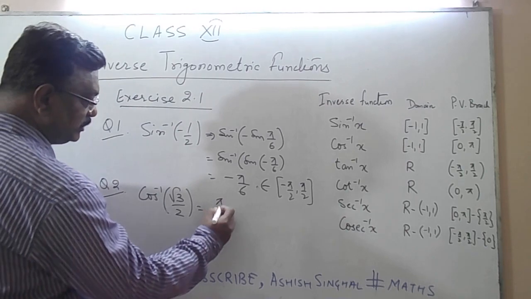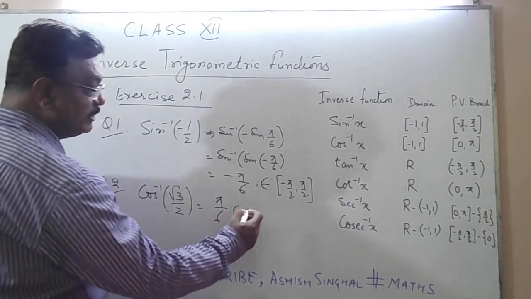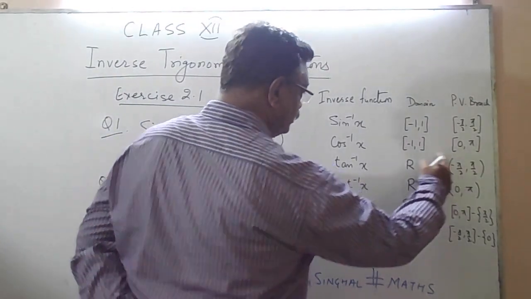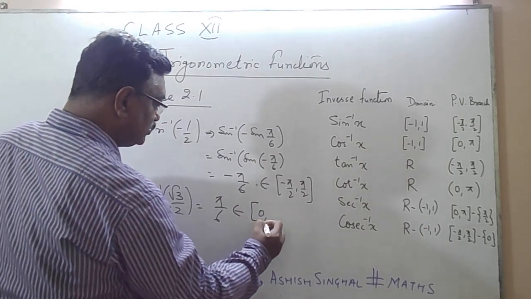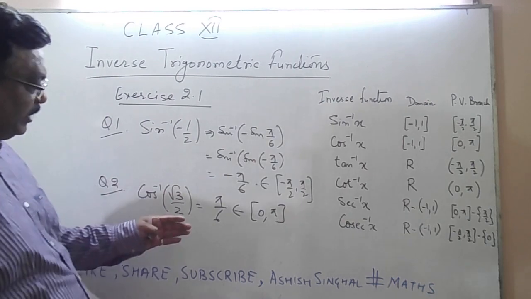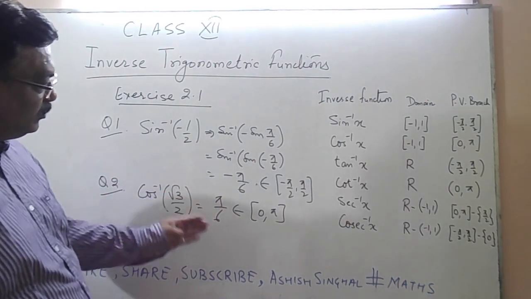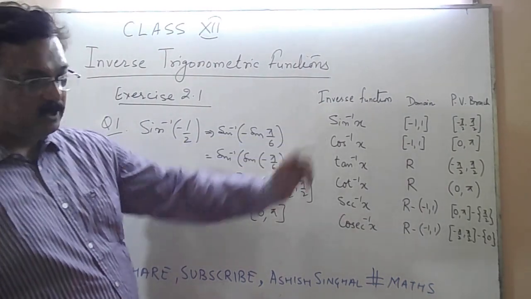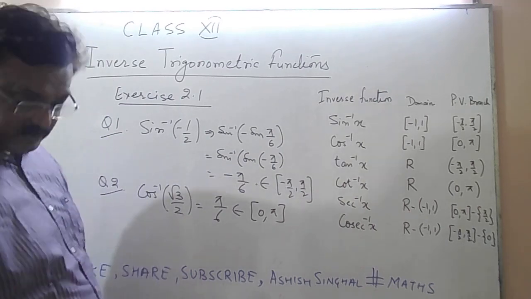So this value is directly π/6, and this again belongs to the closed interval 0 to pi. So the most important part is that we have to see that this value belongs to the principal value branch. Otherwise, our answer is wrong.